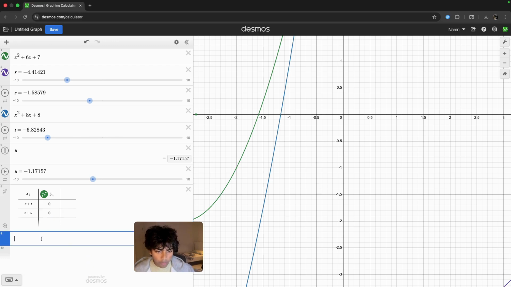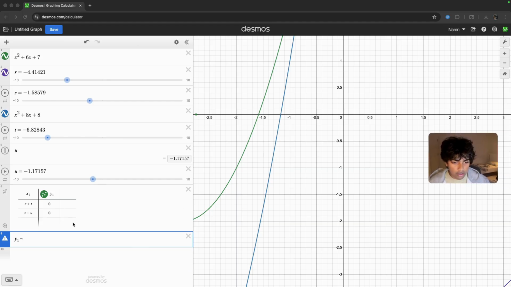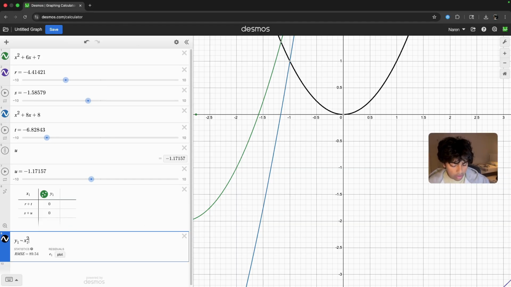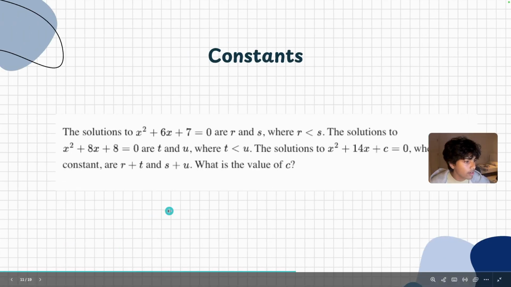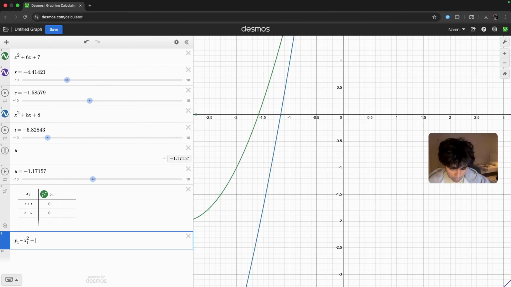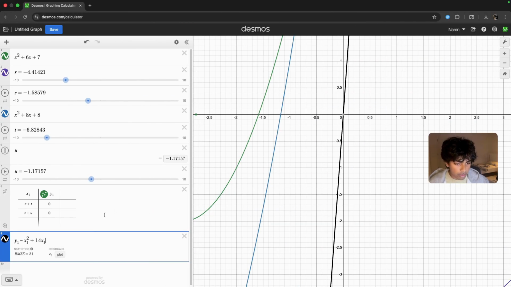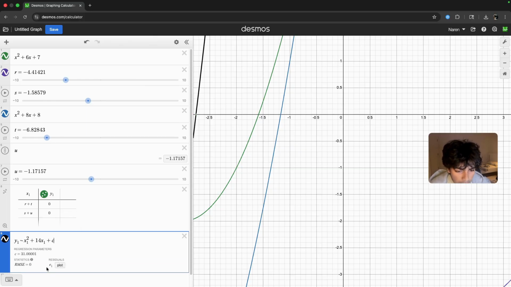Now we know that y1 is equal to x1 squared plus 14x1 plus c. Remember, the x1 is just there because it's a regression. And there we go. c is 31.000001. That's 31, so just put 31. And that's how you do that on Desmos. It's a real mess if you're doing it by hand. It's a mess on Desmos too, but it's way worse by hand.